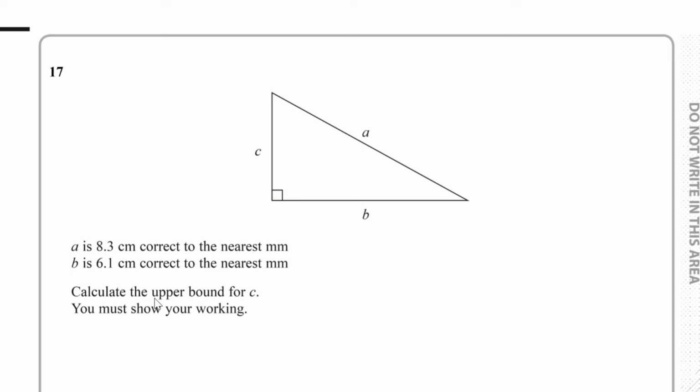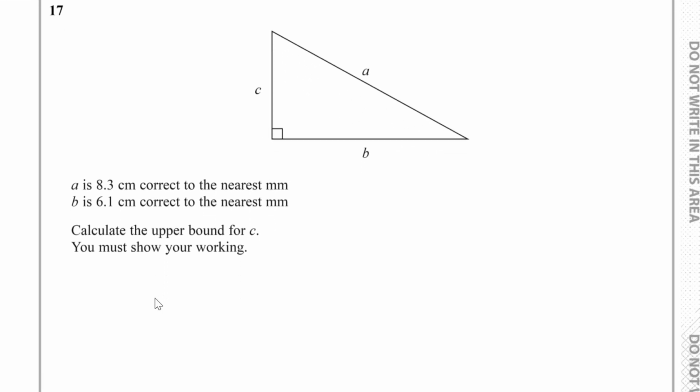We have to calculate the upper bound of C. Well, before we do anything else, let's calculate the bounds of A and B. Upper bound of A is 8.35 centimeters and the lower bound of A is 8.25 centimeters.